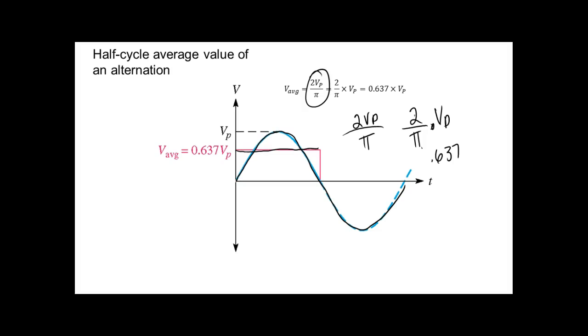The DC average of an alternation. What's the DC average of a cycle?